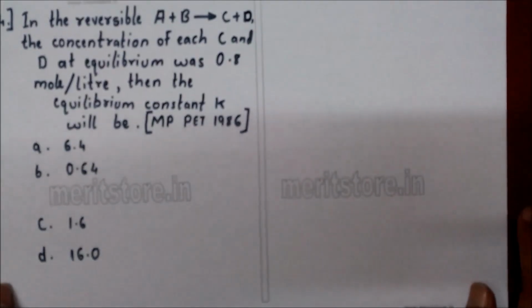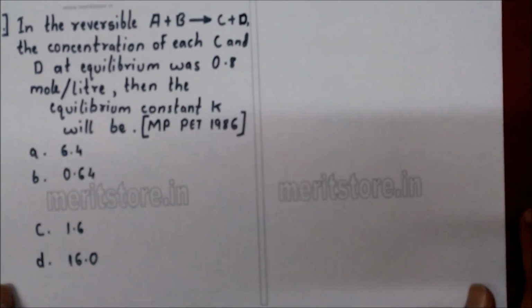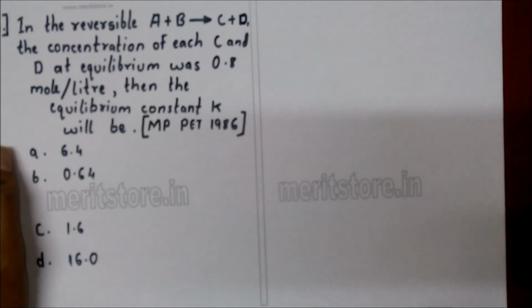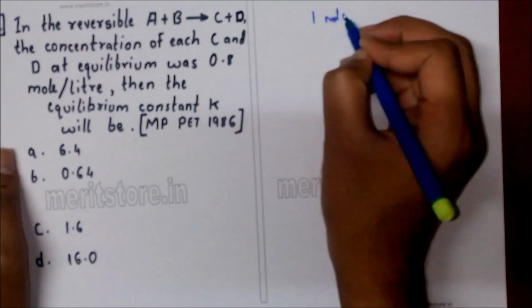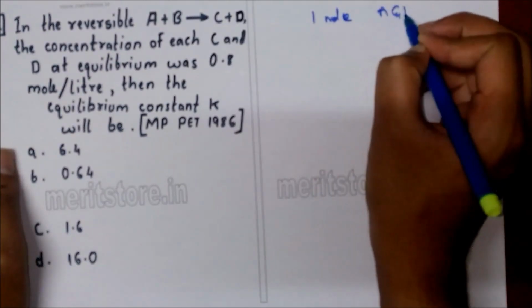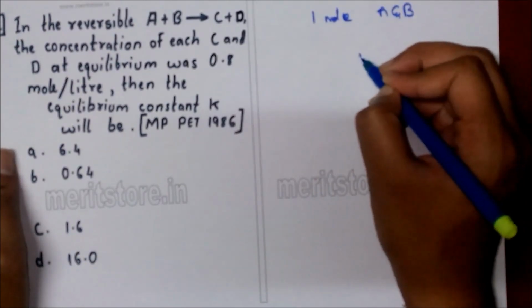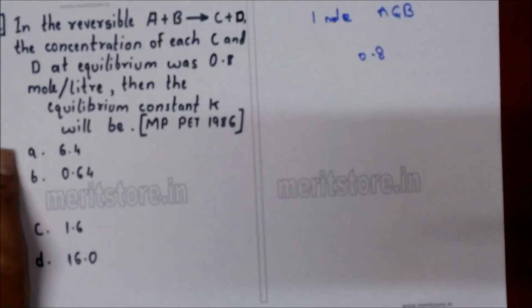In the reversible reaction A plus B gives C plus D, the concentration of each of C and D at equilibrium was 0.8 mole per liter. Then the equilibrium constant K will be? Suppose 1 mole of A and B each is taken, then 0.8 mole per liter of C and D each is formed.